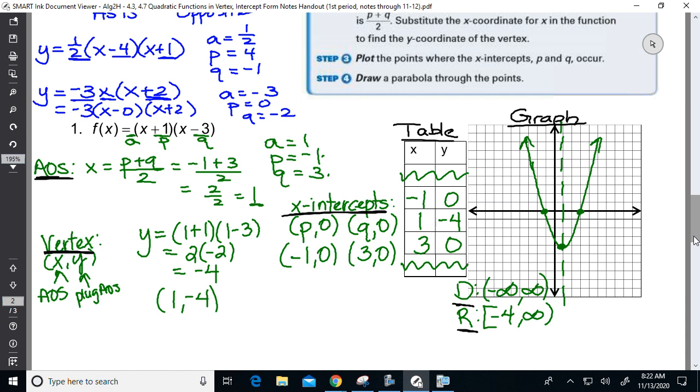So let's pause for a second. Any questions on example number 1? Don't be shy.